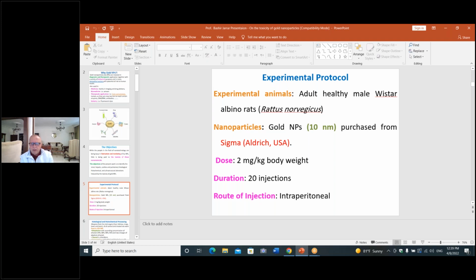The dose I'm using has been used by several people in their studies, and I used it in other studies also, considering the toxicity of gold nanoparticles. The dose is 2 milligrams per kilogram body weight. I gave my animals 20 injections, and the route of injection was intraperitoneal.